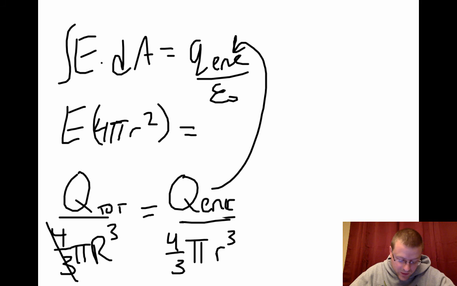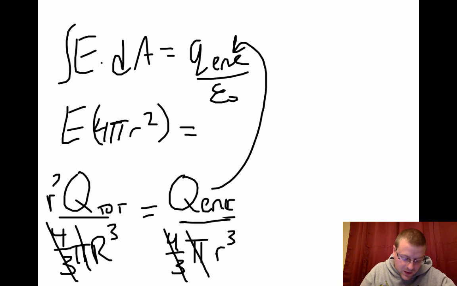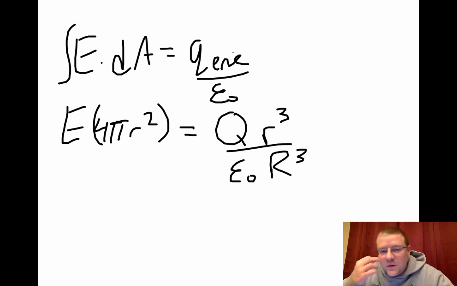Things I can eliminate are the 4/3 and pi, and I'm going to multiply the little r cubed up top. So now substituting in the enclosed charge, I get Q little r cubed over big R cubed epsilon 0 on the right side, and I've got 4 pi r squared times electric field on the left side.